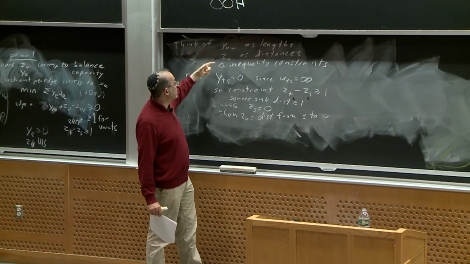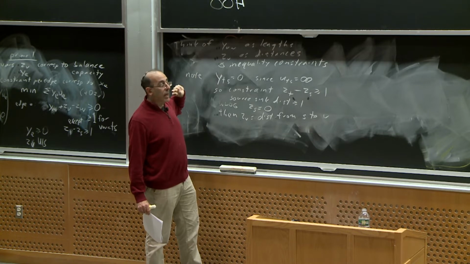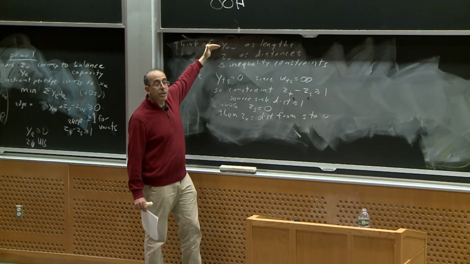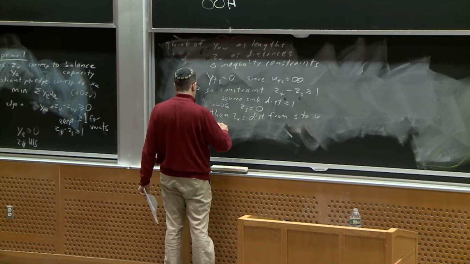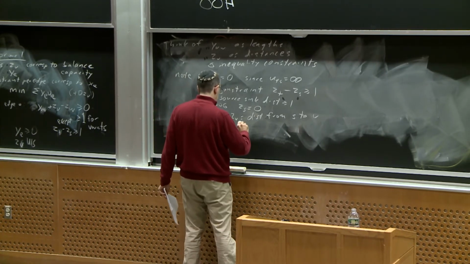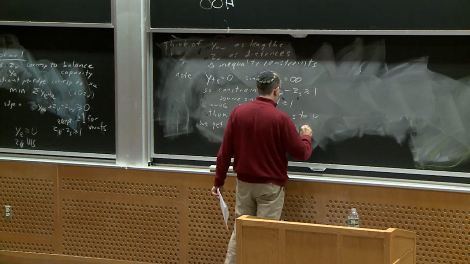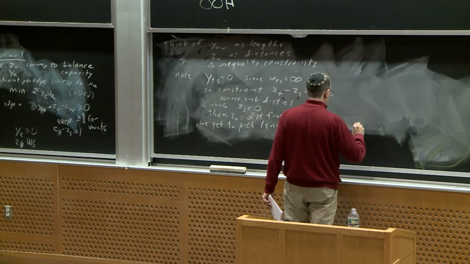These Z's are distances because of the triangle inequality constraints. Now, what do we get to choose? Again, our goal is to separate T and S. We get to do so by choosing the lengths YVW to create this separation.